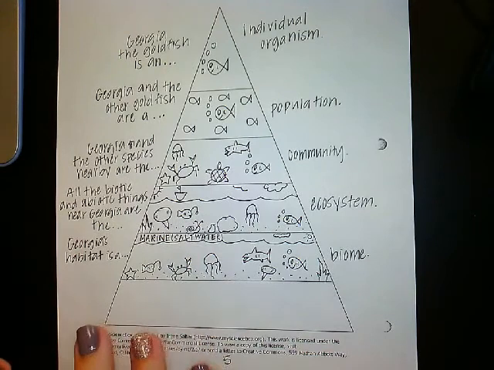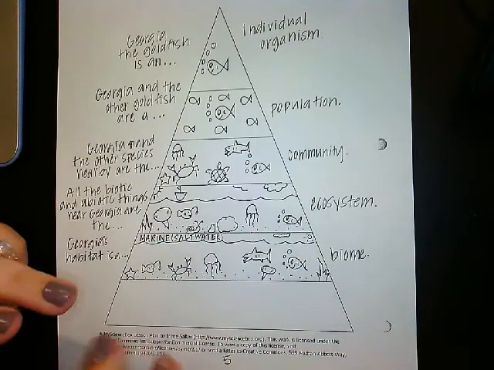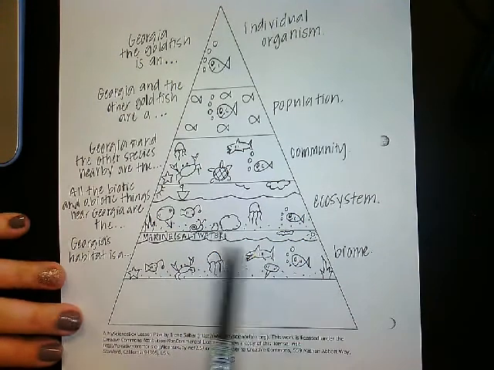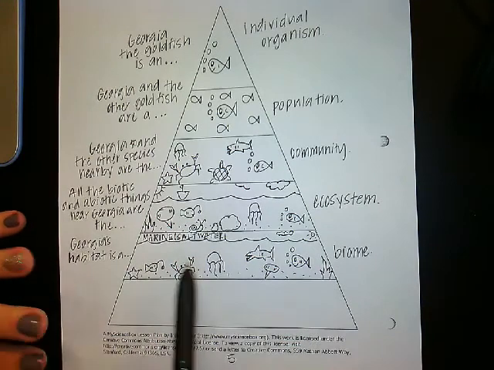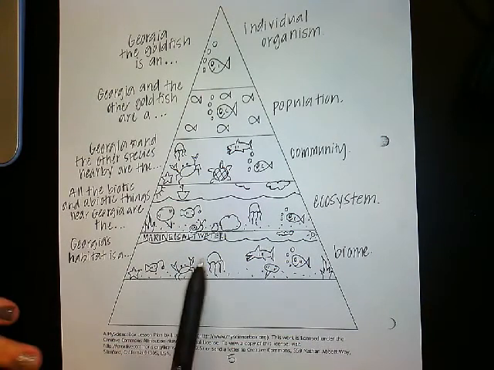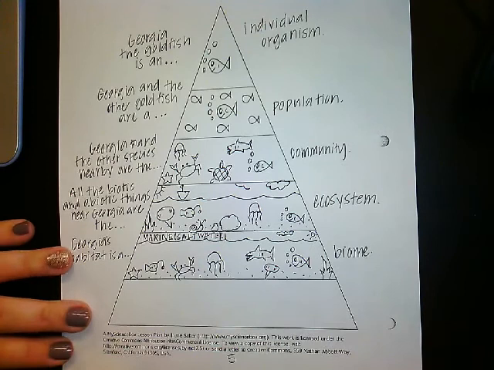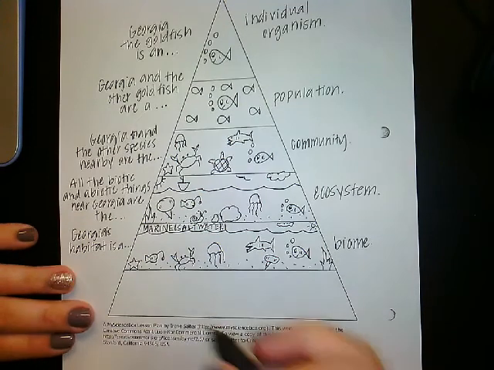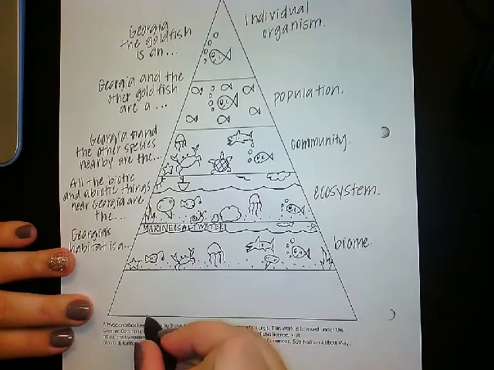There are a variety of different biomes, and they are qualified by their climate, by the amount of rainfall they get every year, and the animals that live there. And this one in particular is going to represent our marine or saltwater biome.